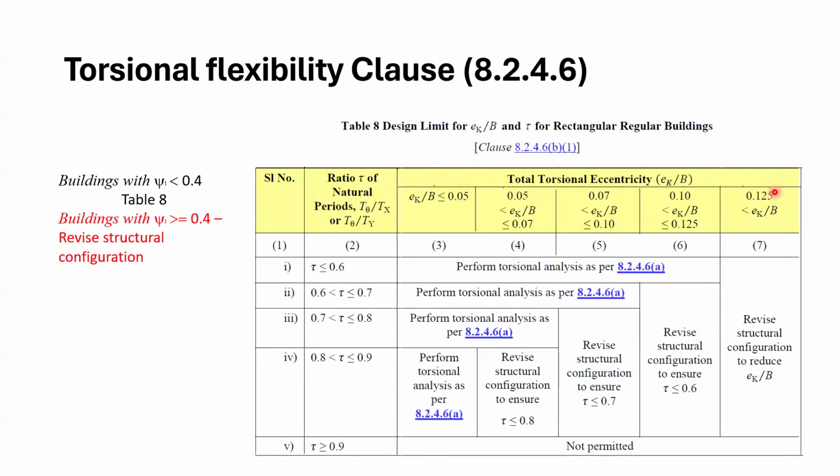And this table reveals a significant ratio, that is, you can see this tau value, which is the tau theta, that is torsional mode to the translation mode ratio. When it is greater than 0.9, then torsion eccentricity is not applicable, not permitted, basically.